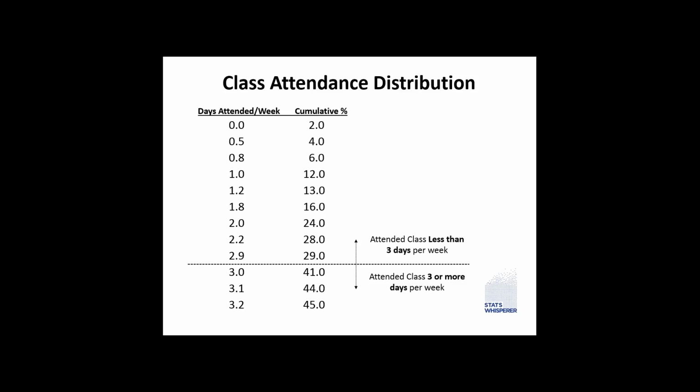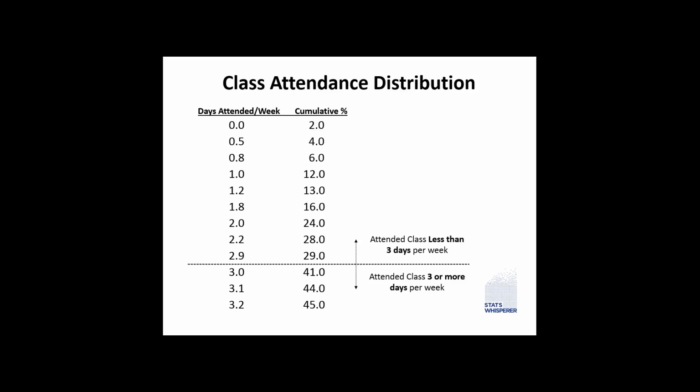Now, recall, please, that we have to dichotomize class attendance, make it into 2 categories: those that attended 3 or more days a week versus less than 3 days a week. If we look at that distribution, which is produced in the frequencies on the left-hand side, we can look at the values for days attended a week.